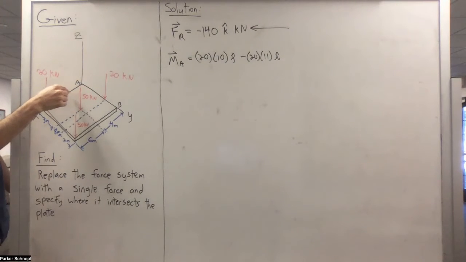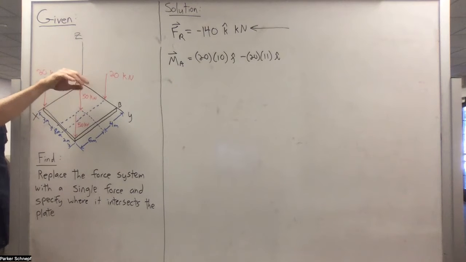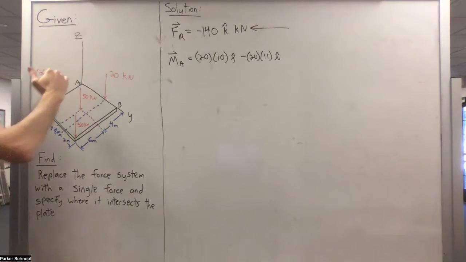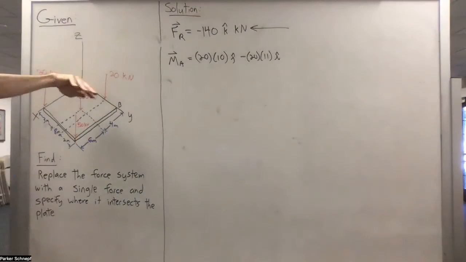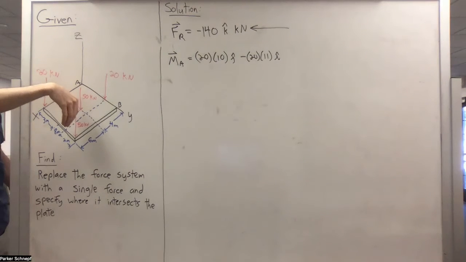So we have an x component distance, and a z force is going to cause a moment in y. If I do the right-hand rule, it's difficult to do. I go from the axis that I'm rotating about to the force, which is that way, and then my force goes down like that.